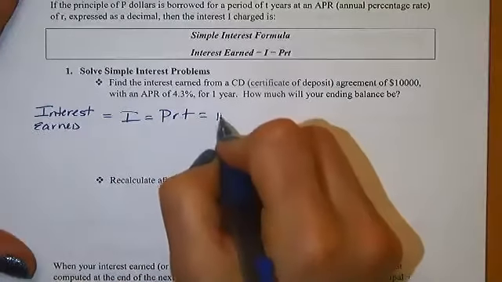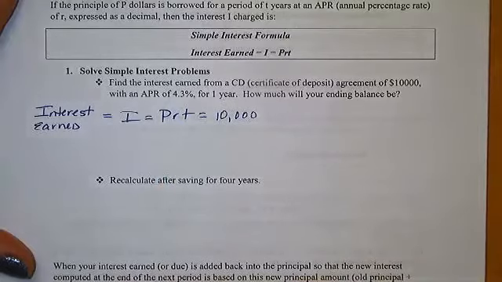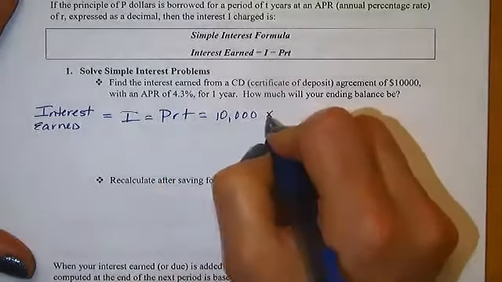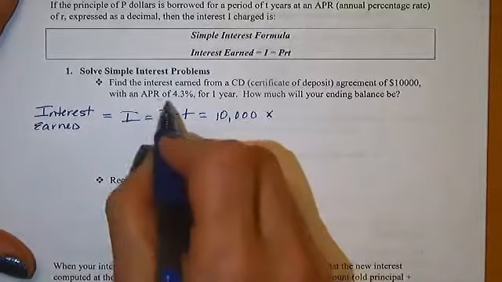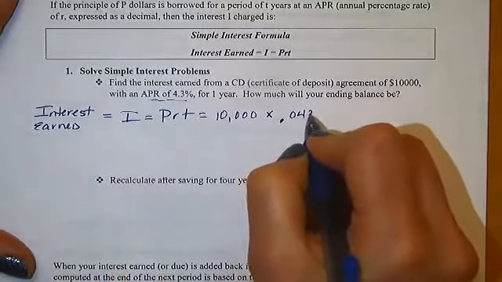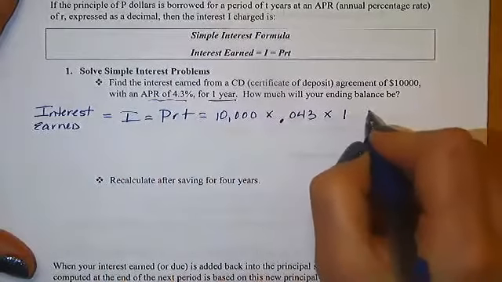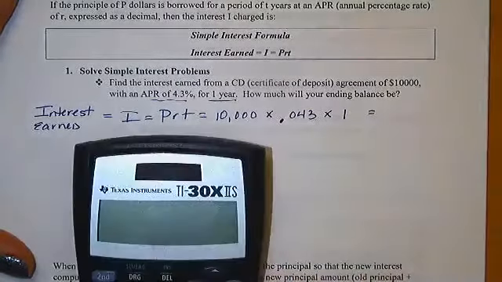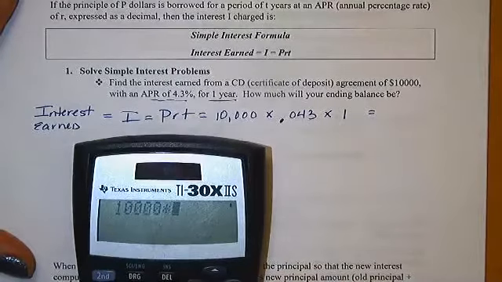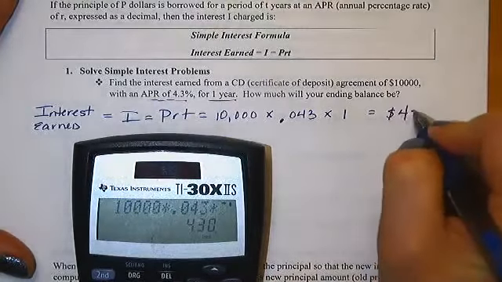P is the principal, or the amount deposited into the bank, times R, which is the interest rate as a decimal, times the time period of 1 year. That gives $430.